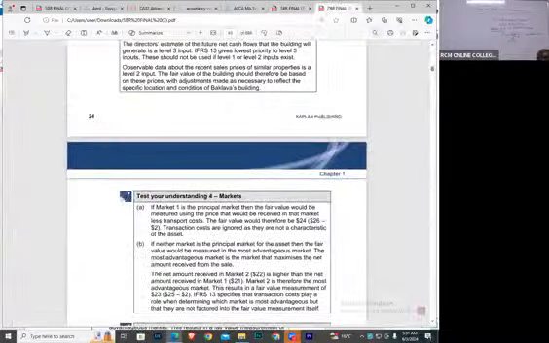If neither market is the principal market for the asset, then the fair value will be measured in the most advantageous market. The most advantageous market is the market that maximizes the net amount received from the sale. You can see the net amount received in market 2 is 22, which is higher than the net amount received in market 1, which is 21. Market 2 is therefore the most advantageous market.